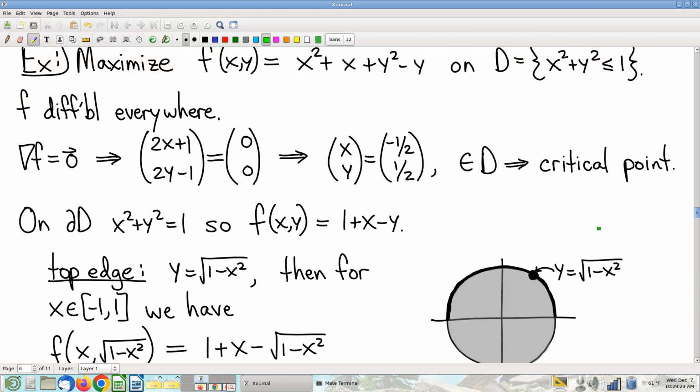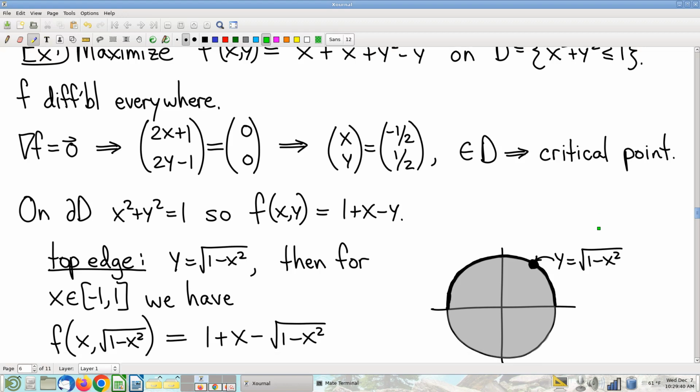This example is going to work out better than most for the method that I'm showing you here. Even still, it's still not as good as Lagrange multipliers, which we'll see in a few minutes. Anyway, in this example, keeping in mind, we're looking on the boundary, on the unit circle. Well, on the unit circle, x squared plus y squared is 1.